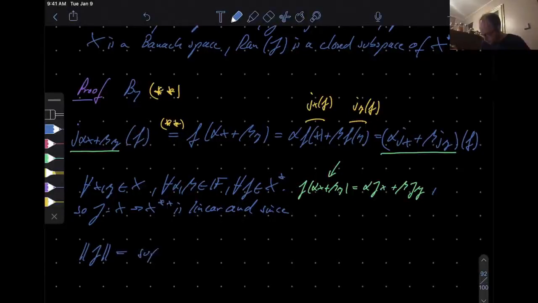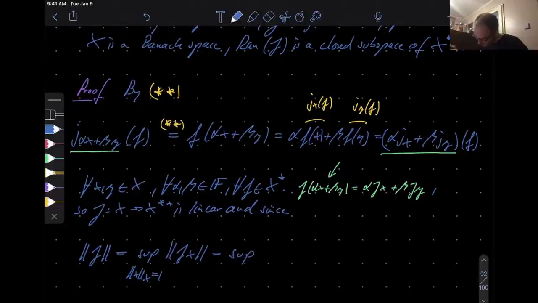So it is the supremum over x in X, well, let's go over the boundary of the unit ball, norm of x equal to 1, of the norm of j of x. But now careful here. This norm inside the supremum is an operator norm because j assigns a vector to an element in the bidual, right? But nevertheless, let's first use the definition of the small j.